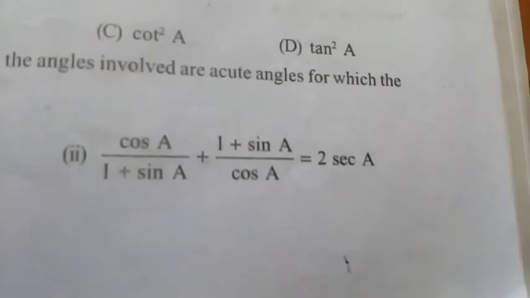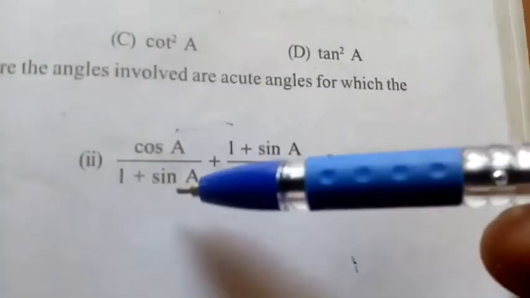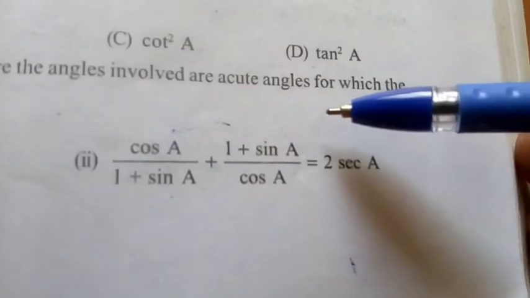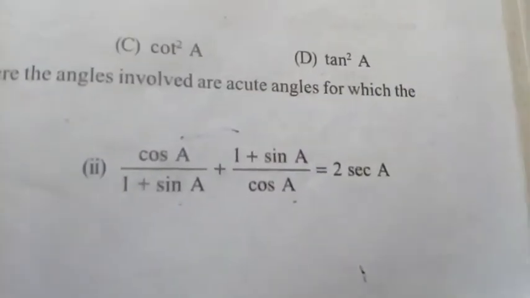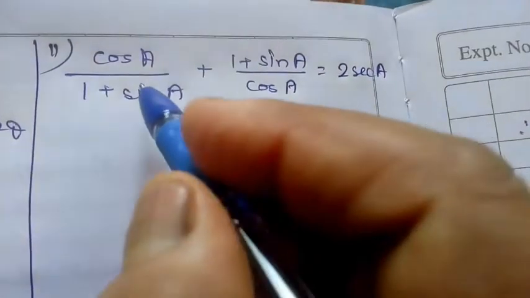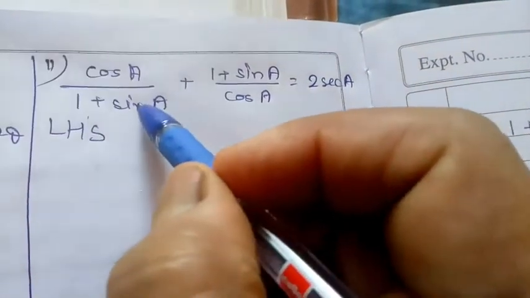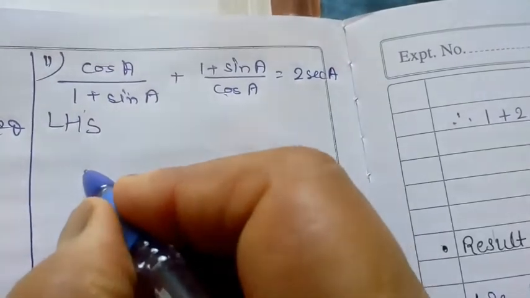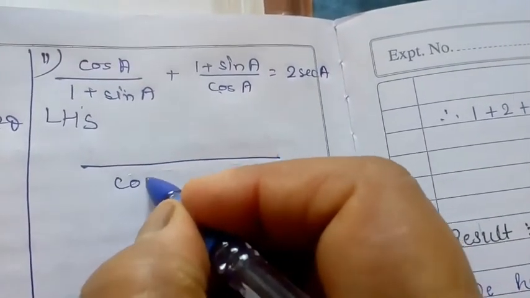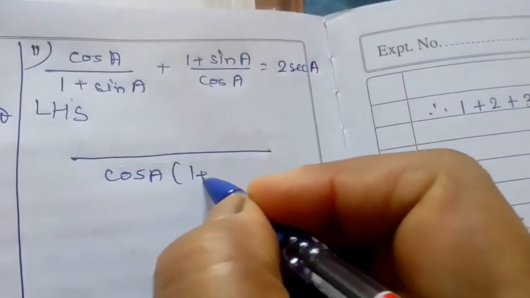Question number 2. cos a upon 1 plus sin a plus 1 plus sin a upon cos a equal to 2 sec a. Taking LHS, left hand side, and taking LCM of this, cos a (1 plus sin a).